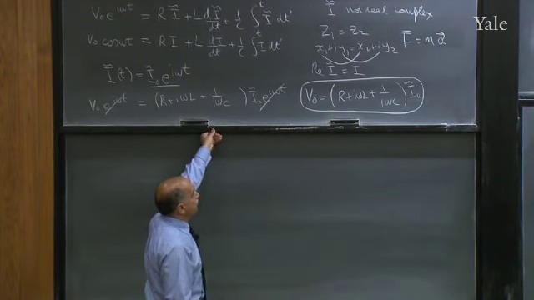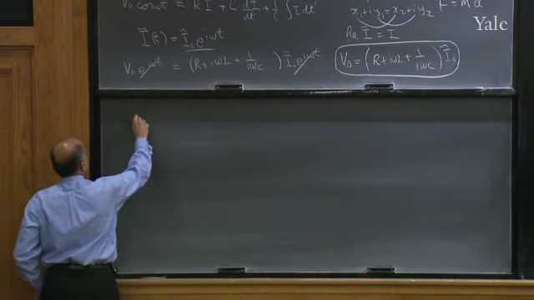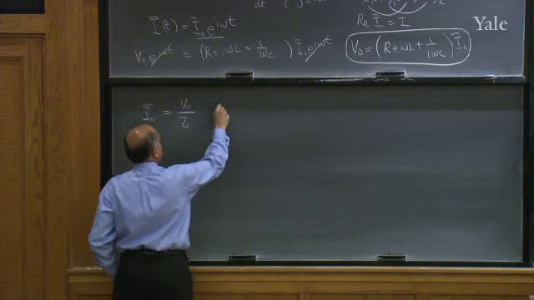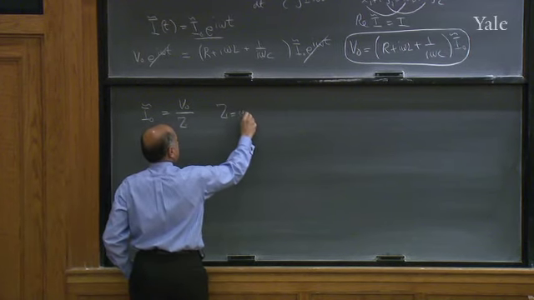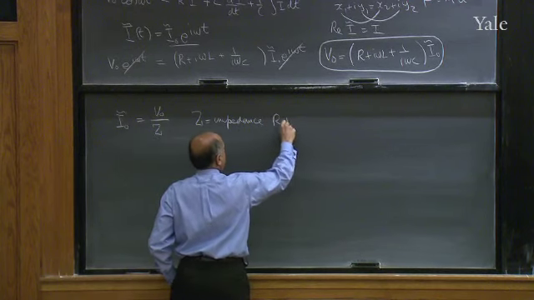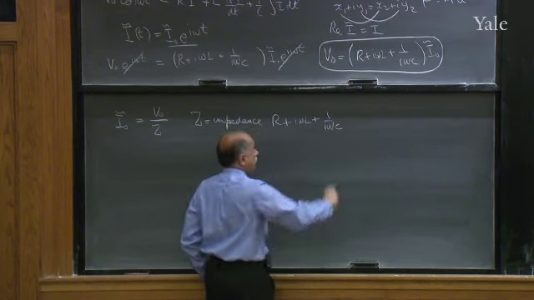And our goal was to find I0 twiddle. So I0 twiddle is equal to V0 divided by this complex number Z. This complex number Z is called the impedance. And it's equal to R plus i omega L plus 1 over i omega C for this problem.